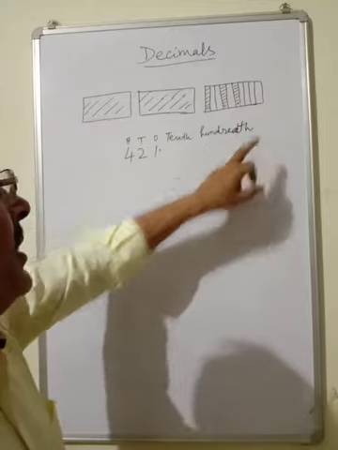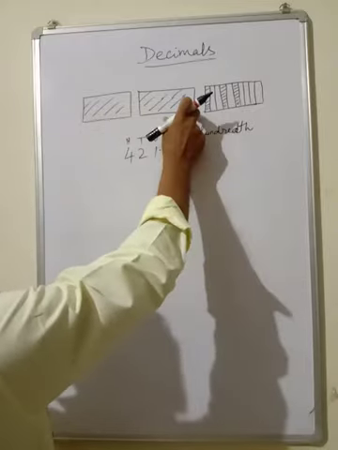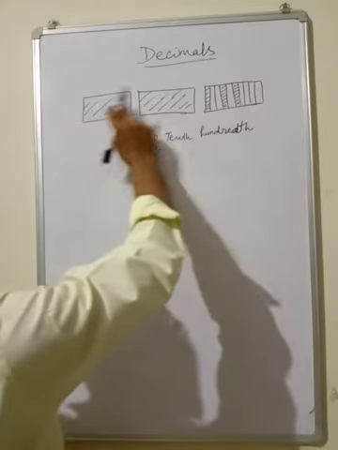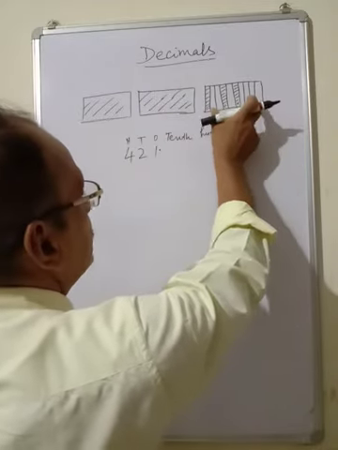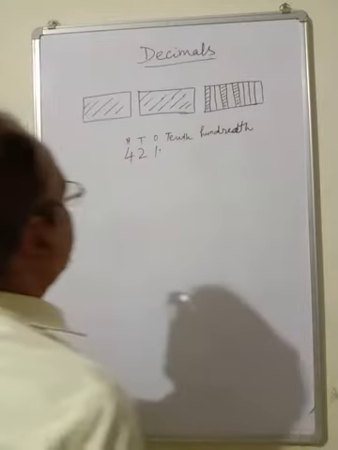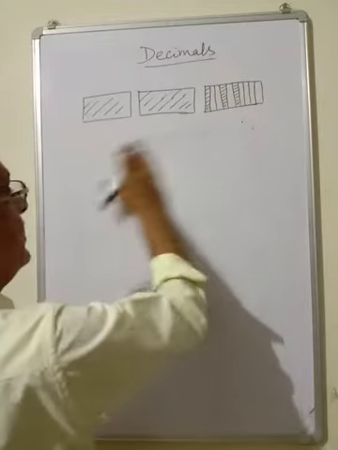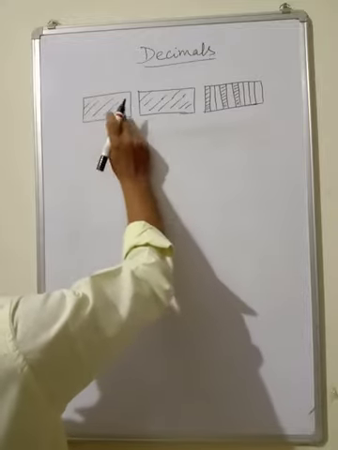Now see children, suppose this diagram is given. One is a whole, another whole, but this whole is divided into 10 equal parts. So how will you write it in fraction? What can you write here? 1, 1.